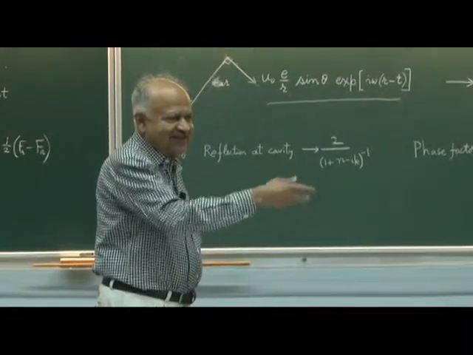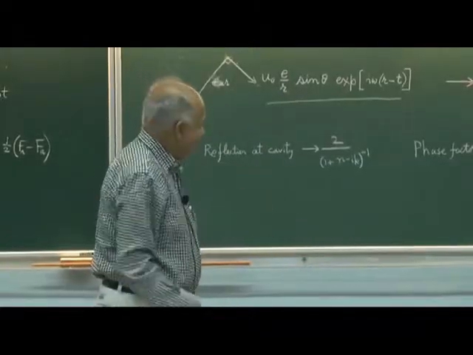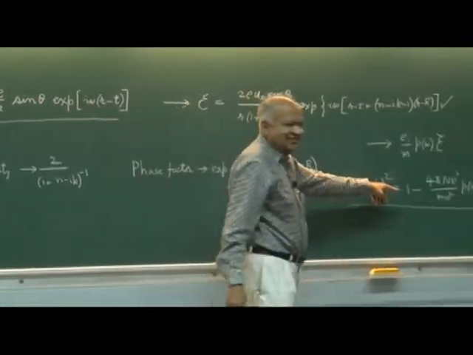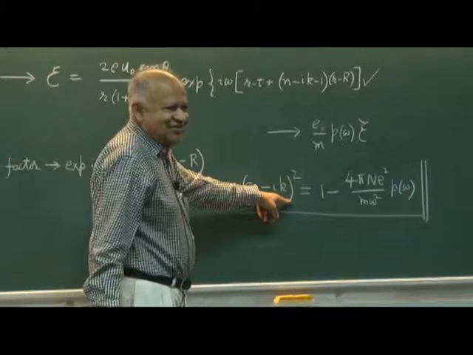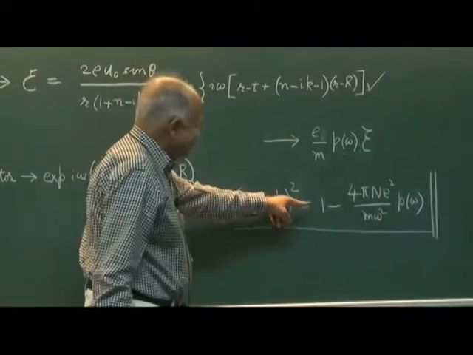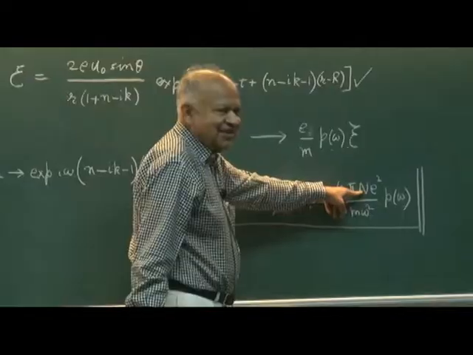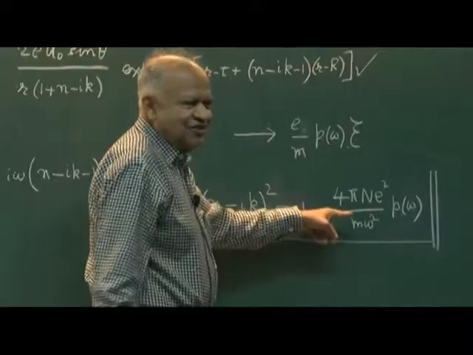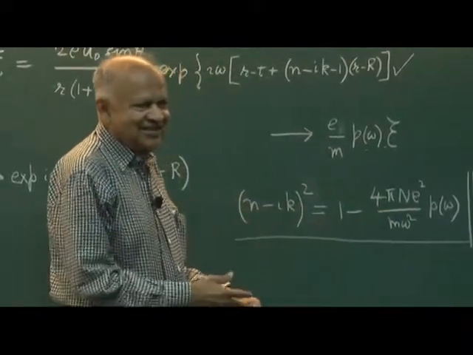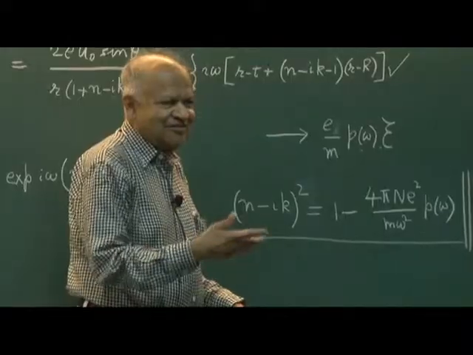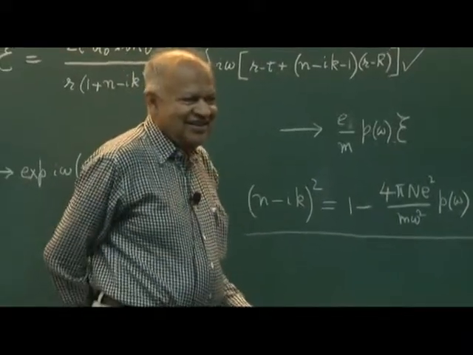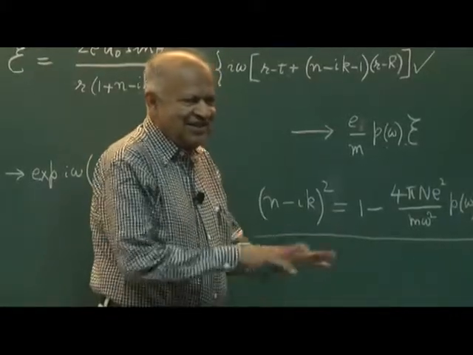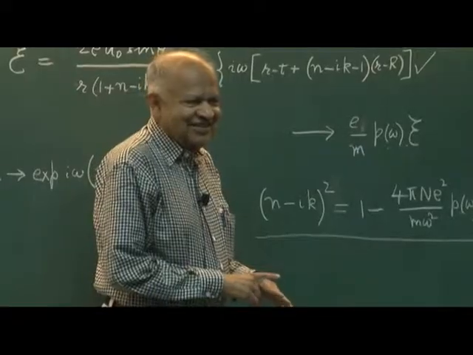The effect is expressed by the refractive index, and this formula, n minus ik whole square, is characteristic of refractive index due to many particles. So this is particle number density and this is omega. This is the standard relationship of a refractive index to the distribution of particles. This does not assume that only retarded forces are there. This is purely within the electromagnetic framework.